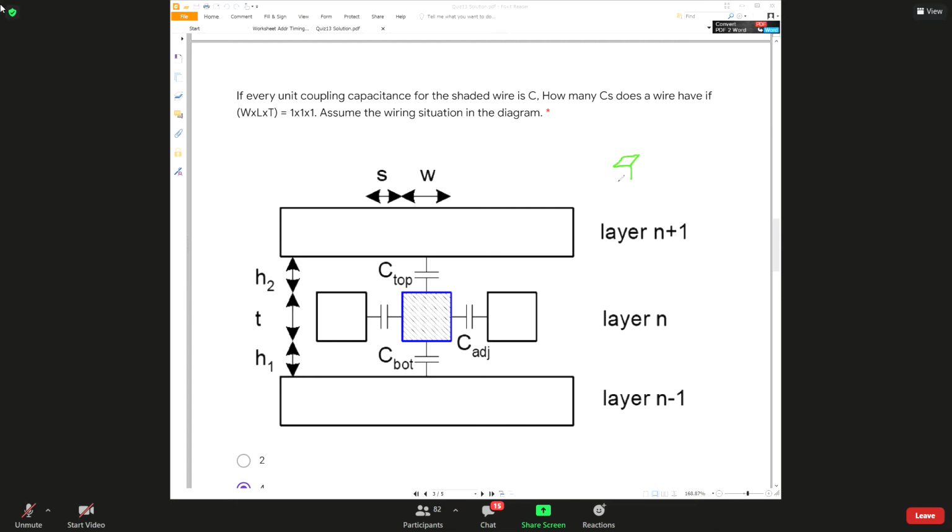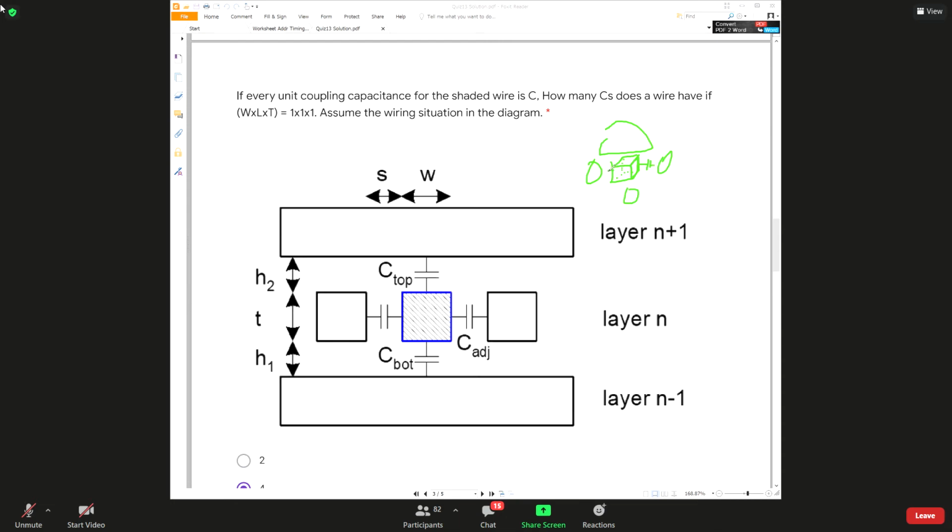And the question is, what is the capacitance of this cubical thing if it's surrounded by other material? What is given is that for each unit, the unit capacitance is going to be 1.